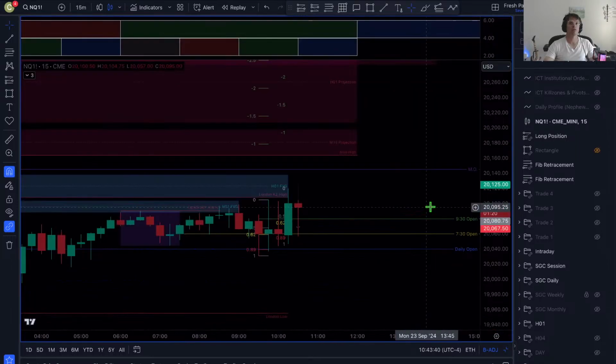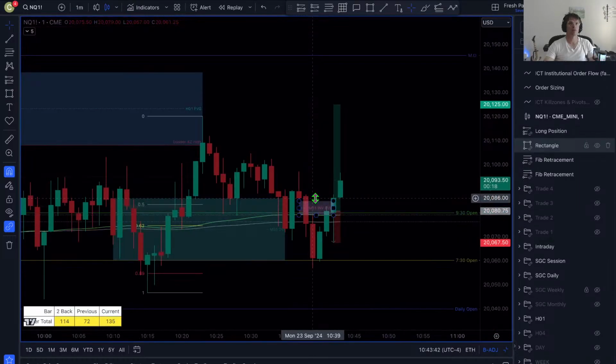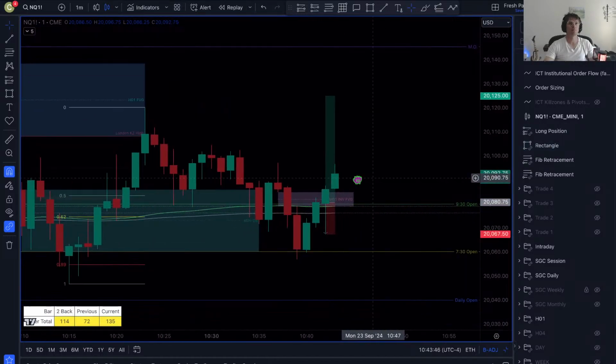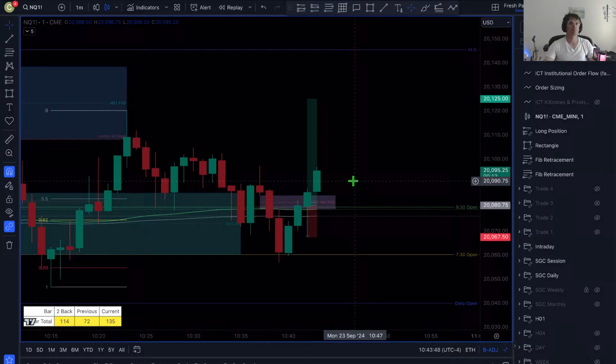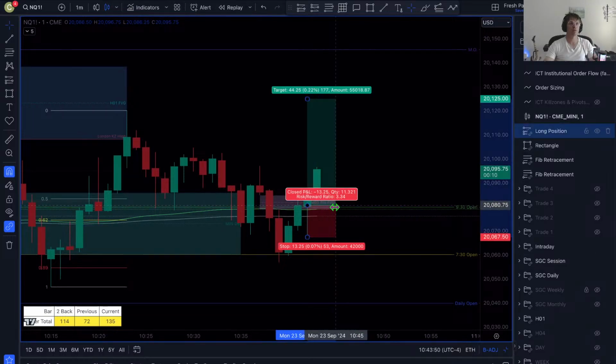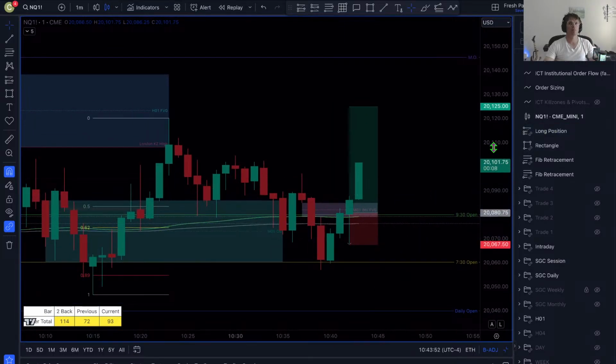I think this is going to go for you now because that's the M1 inversion. And that was the liquidity sweep. Yep.